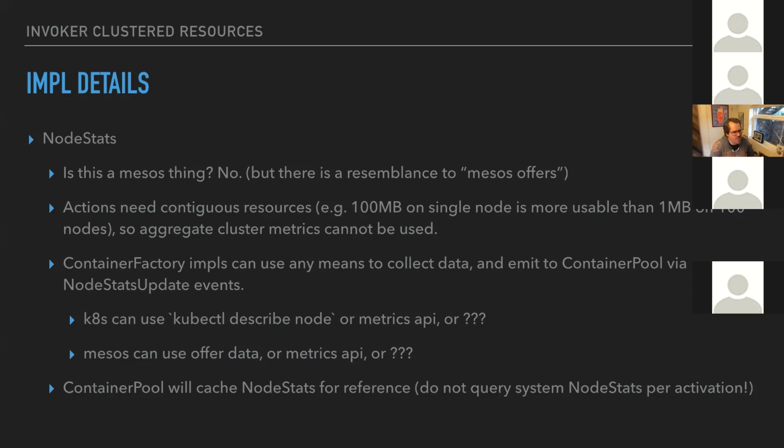So we have to deal with the node stats on a cache basis, and we can allow that by emitting node stats periodically from the container factory and tracking reserved but not completely allocated within the reservations data that's cached in the container pool also.